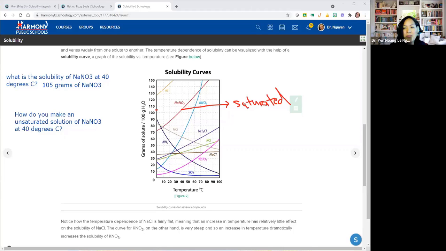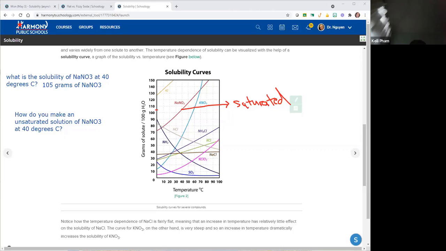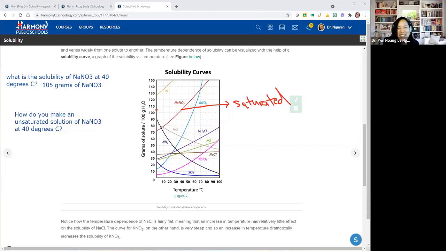Put less than 105 grams, say at 40 degrees Celsius. That's exactly right. You make it sound so simple, so obvious. Yes, at any point underneath any of these curves for those substances would be an unsaturated solution.